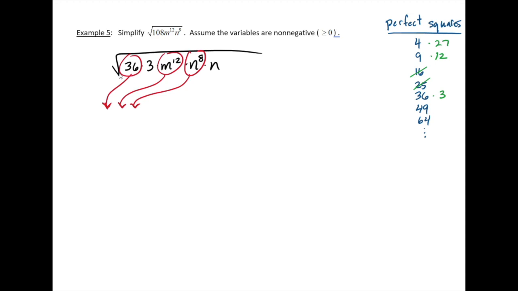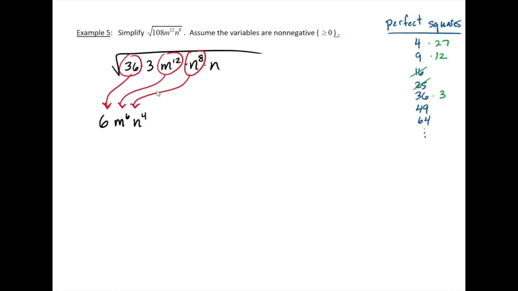Remember, for the number, we just take the square root. The square root of 36 is equal to 6. For the variables, we have to divide the exponent by 2 when we take the square root. So on the outside, we'll have m to the power of 12 divided by 2, or m to the 6th power, and n to the 8 divided by 2, or n to the 4th power.